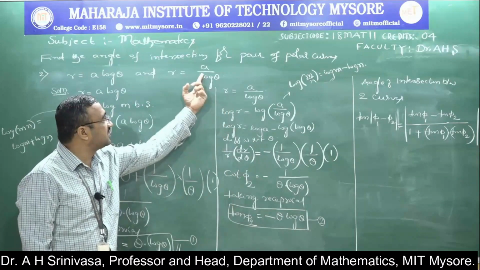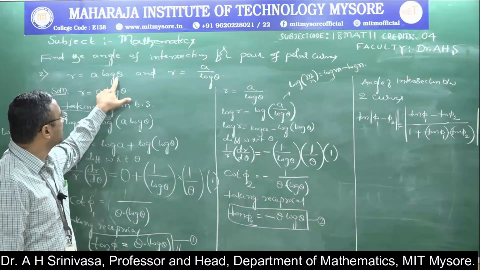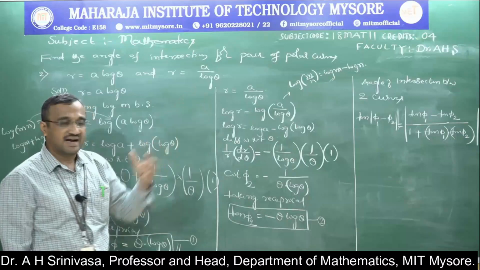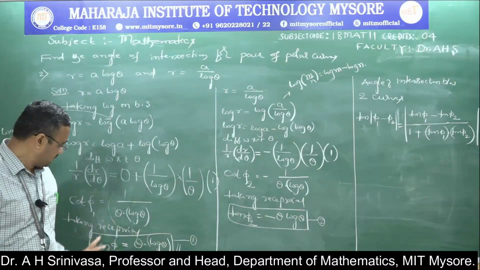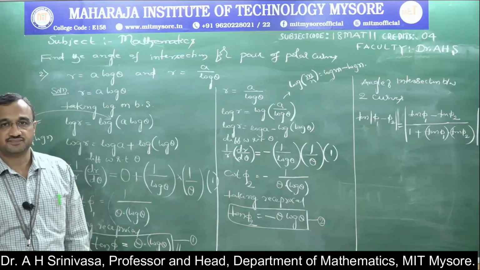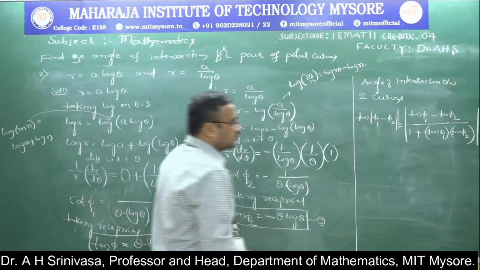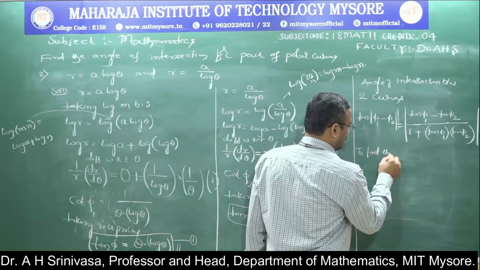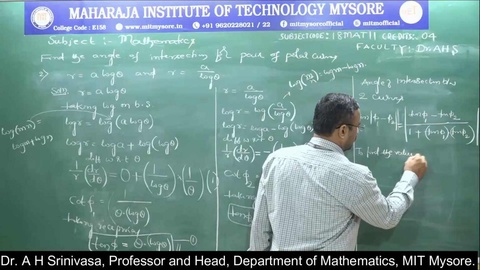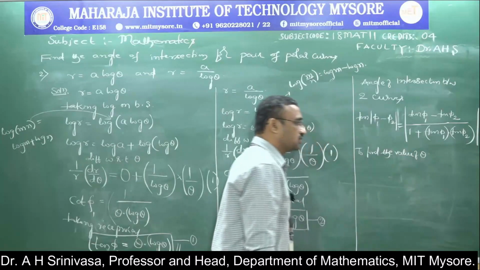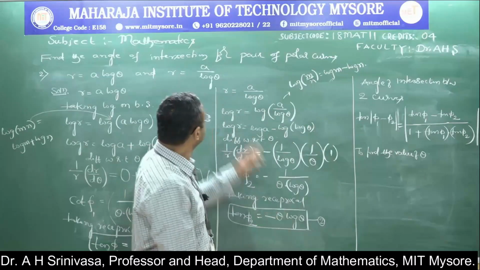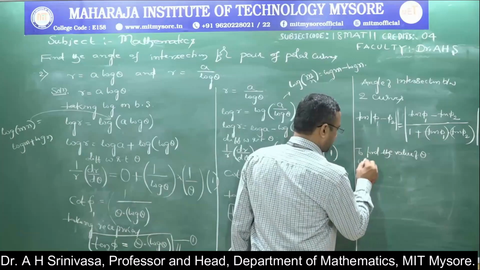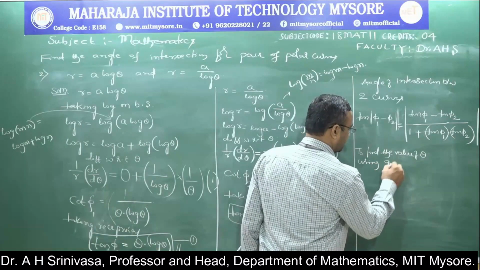So using the given equations r equal to a log theta and r equal to a by log theta, you have to use these equations and extract the value of theta.